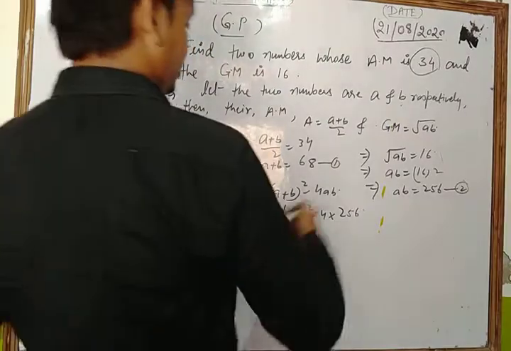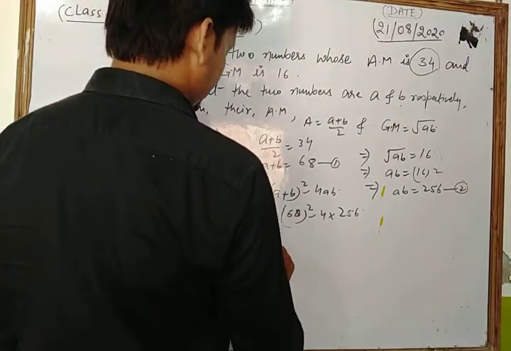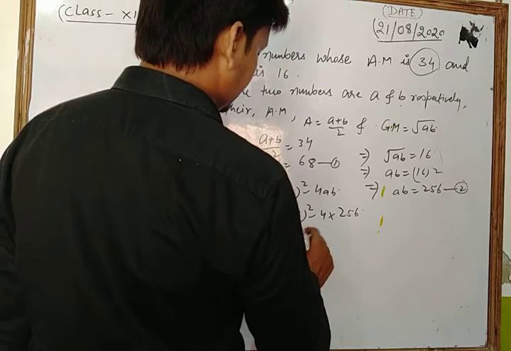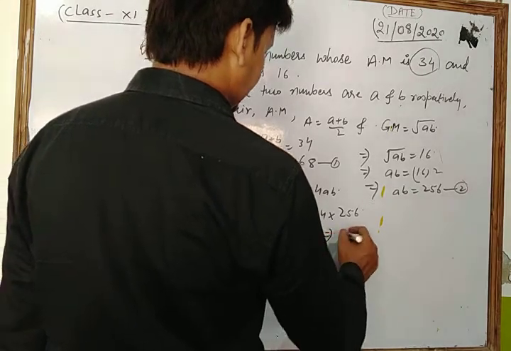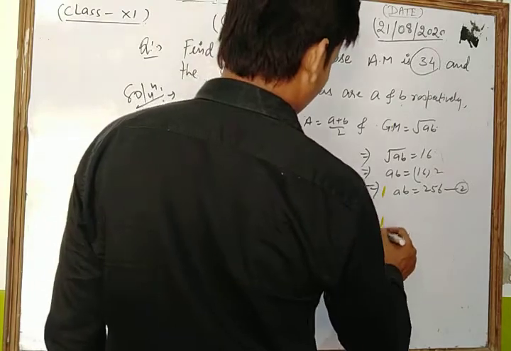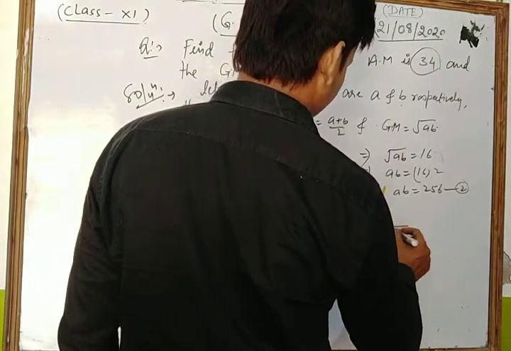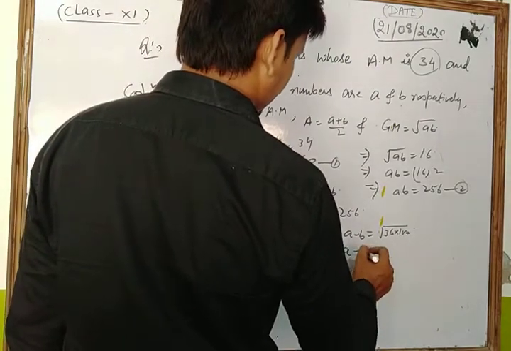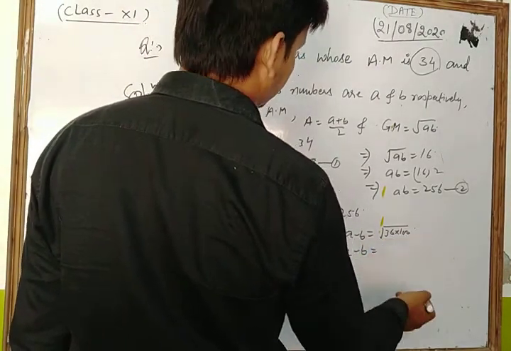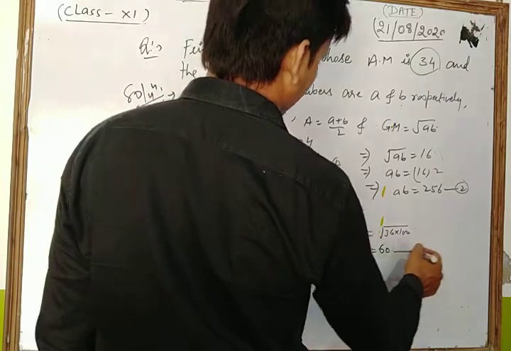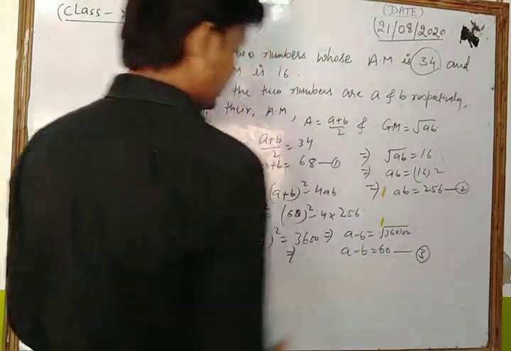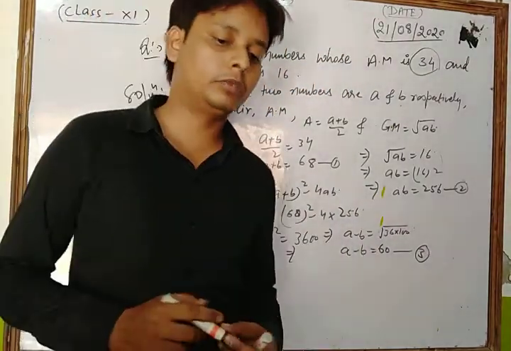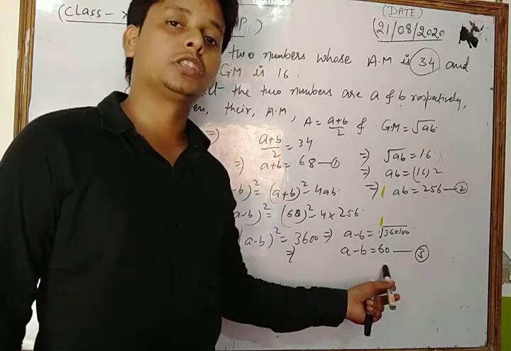After solving that we get (a minus b) whole square is 3600. So we write a minus b is equal to under root 36 into 100, so a minus b is equal to 6 into 10, 60. Take equation number 3. The second equation which we form is a minus b is equal to 60.